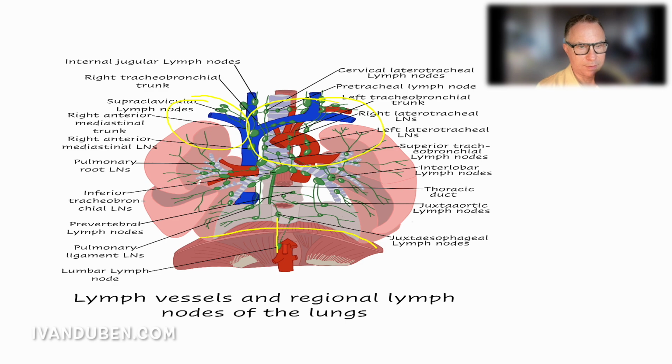And again, we know that above the diaphragm it's a negative pressure gradient, and below the diaphragm it's a positive pressure gradient. So it's easy to see how you might have disease presenting itself in any one of these lymph nodes if they become overwhelmed.